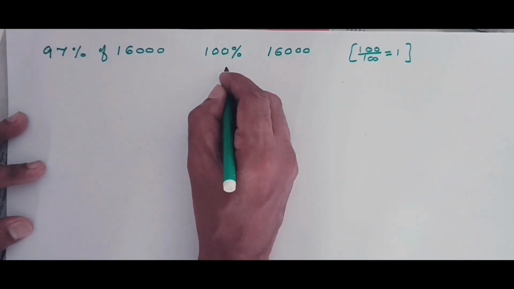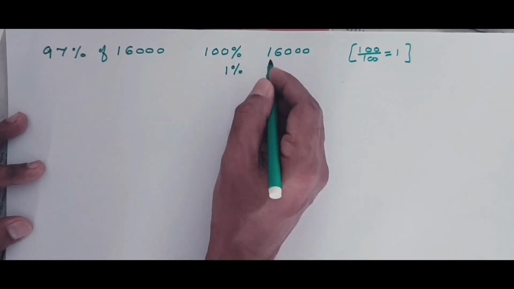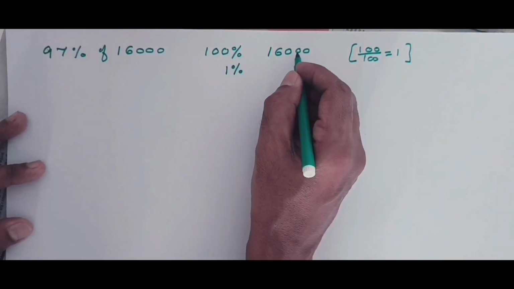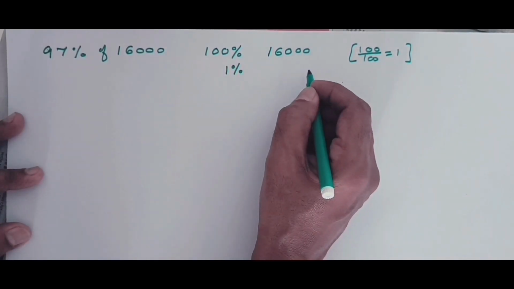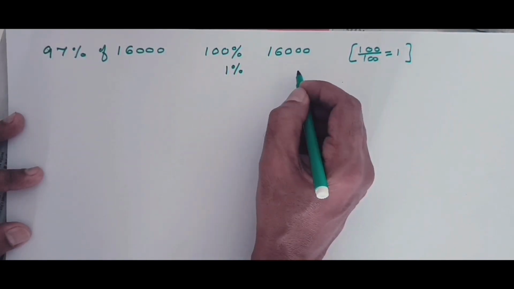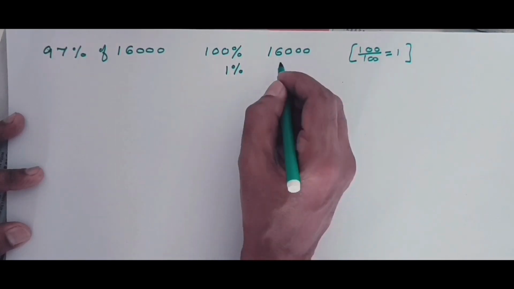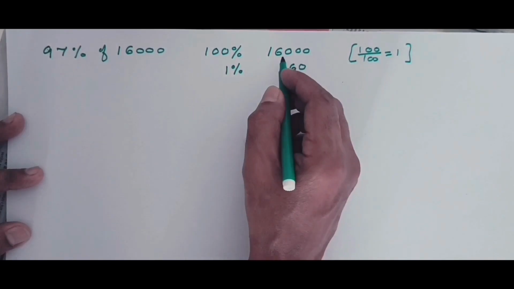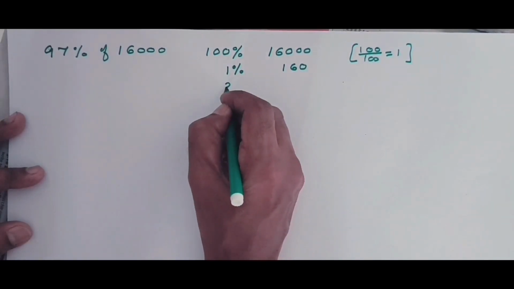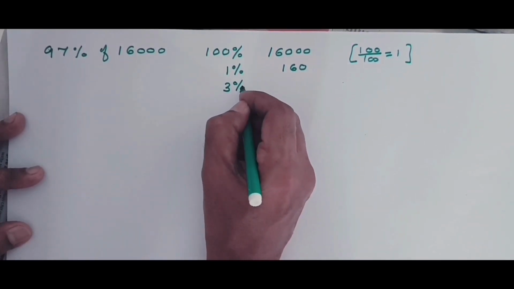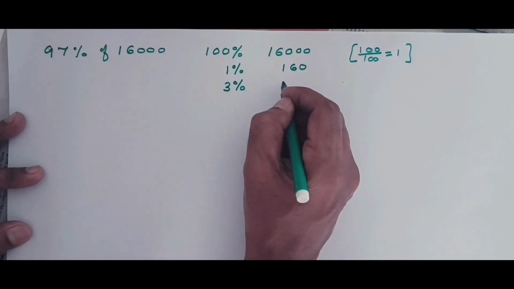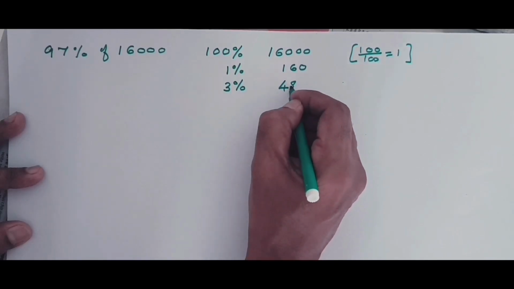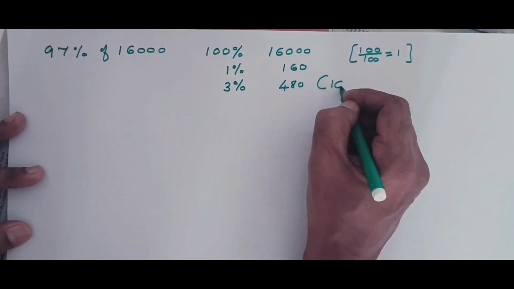Now, how do you find out 1% of 16,000? Generally, we put a decimal point after 2 digits from the right. Here the last 2 digits are 0. So you will have 160 as the 1% of 16,000. Then what will be 3%? That will be 3 times 160, which is 480.